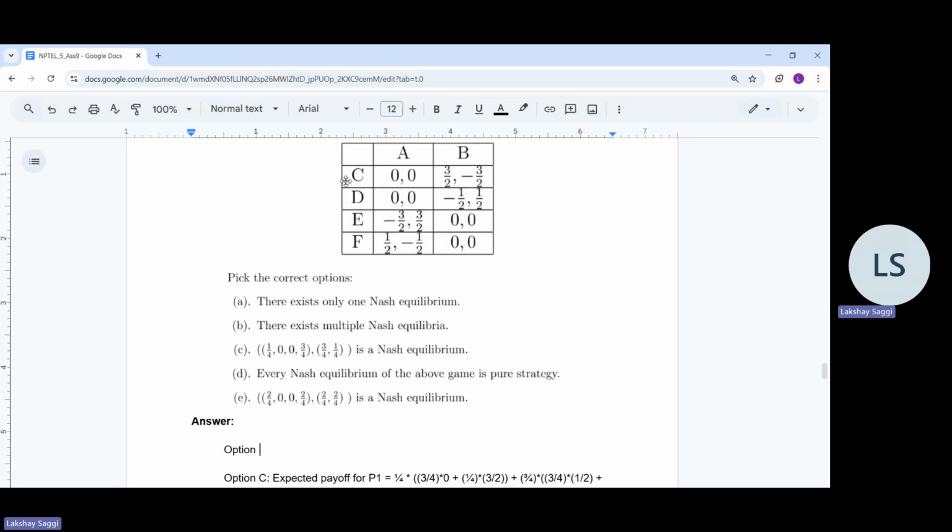Maybe you can take some other subset of rows and check whether this works for some other subset also, and whether you can find a Nash equilibrium in that setting. If you can, then it's well and good, and we can indeed say that.